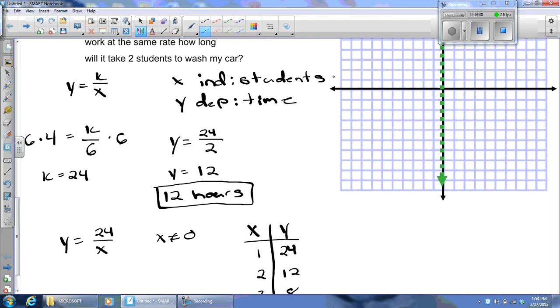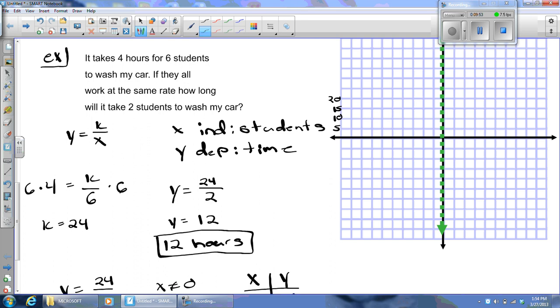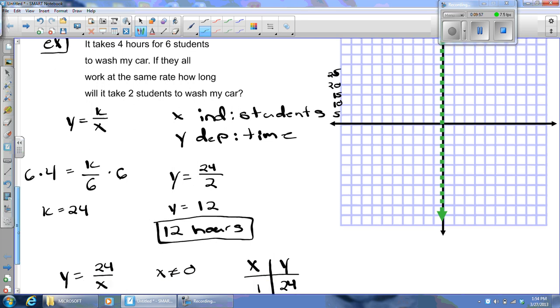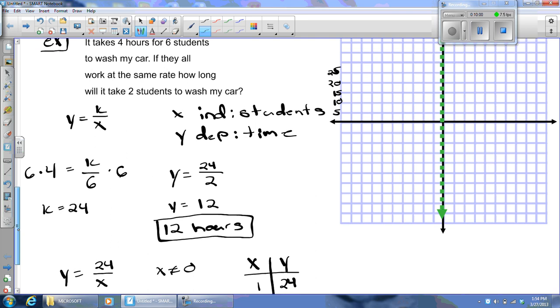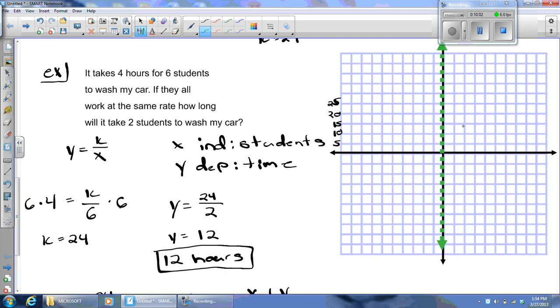On the y-axis, let's go by 5. So make this 5, 10, 15, 20, and 25. Okay, so our first point is at (1, 24), right about there.